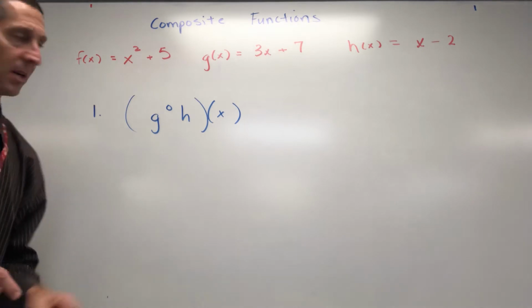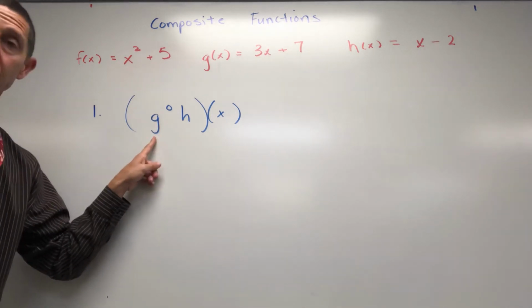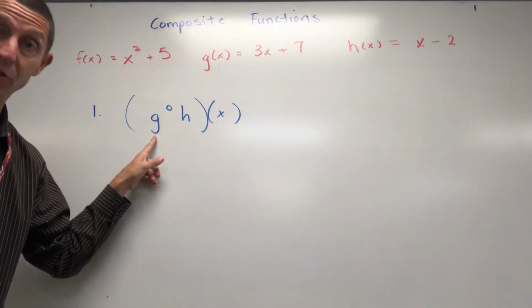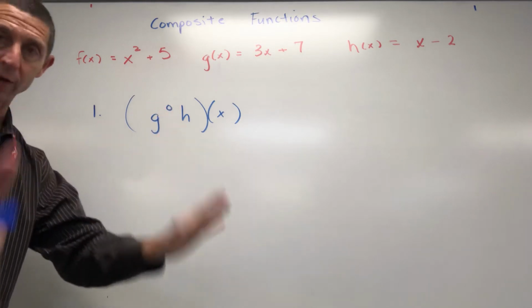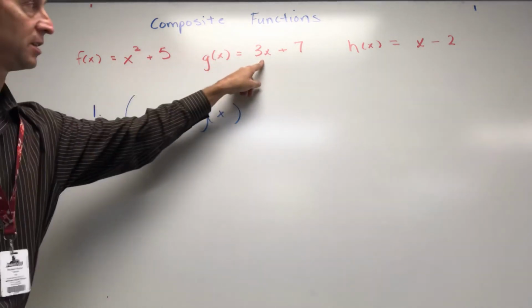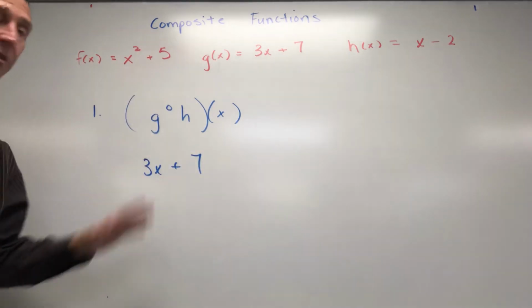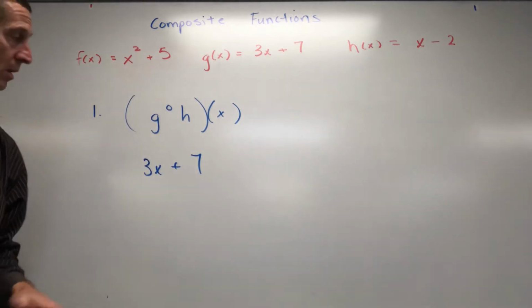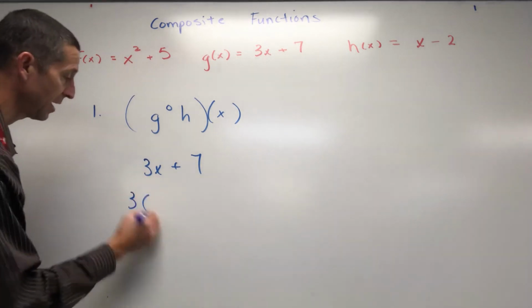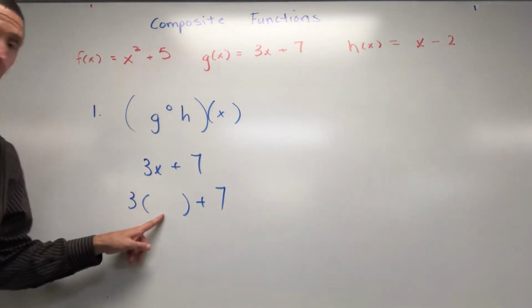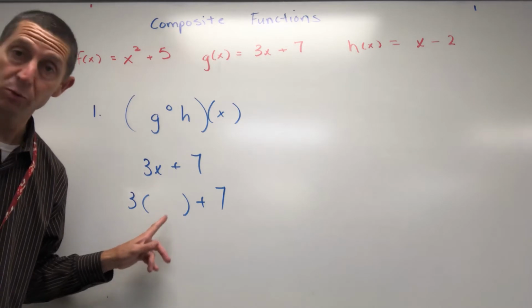All right, here's how you set them up. You've got g composite h. Whatever letter is first, the g is first, write that function down. So g is 3x plus 7. So we write down 3x plus 7. G's first, write it down. Next, anywhere that you have an x, we're going to open that up and we're going to make a substitution.